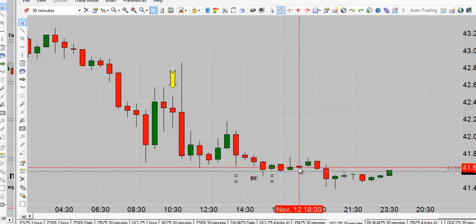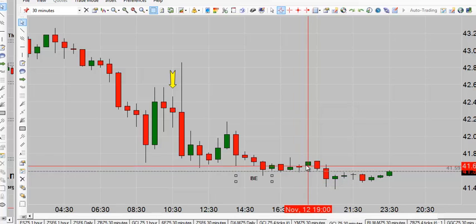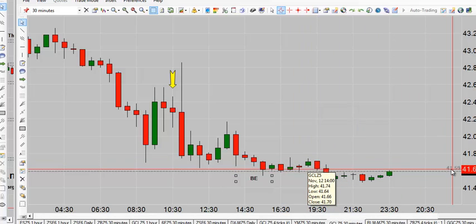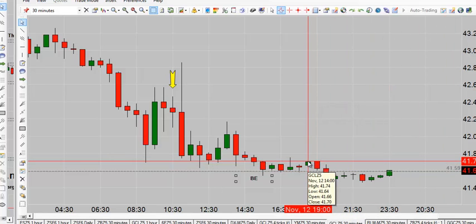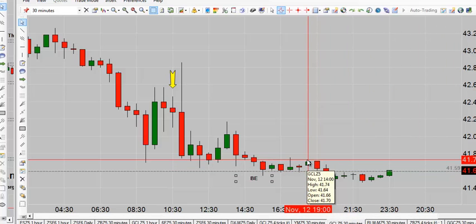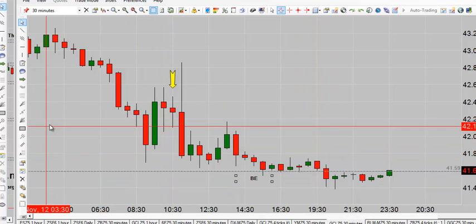Do we trigger here? Yeah, we do. Now, we use an 8-tick hard stop. So 59 plus 8 is going to be 67. What's the swing high? 74. So that's going to be an 8-tick hard stop.